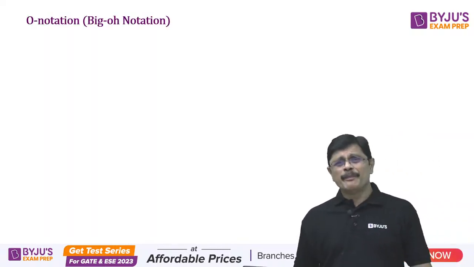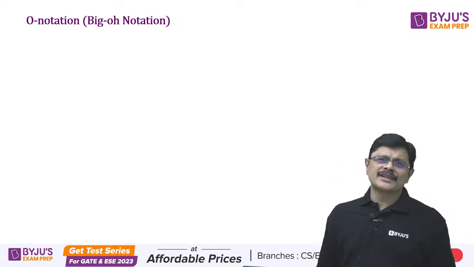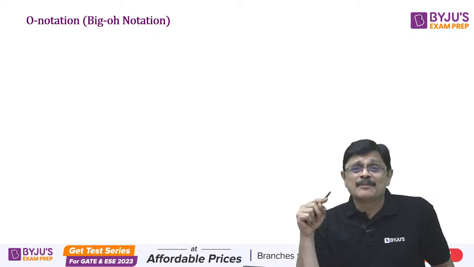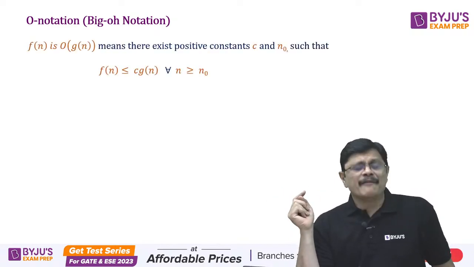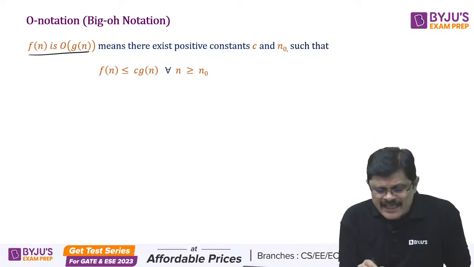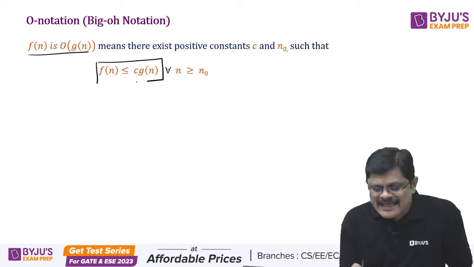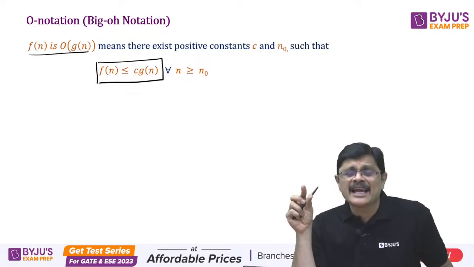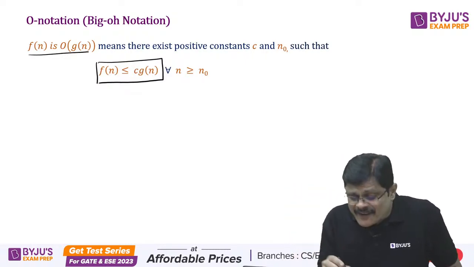Now we all know the big O notation. Big O notation tells you the asymptotic tight upper bound. When you say Fn is big O of Gn, the meaning is that Fn is less than or equal to some constant C times Gn for some C and some N naught.